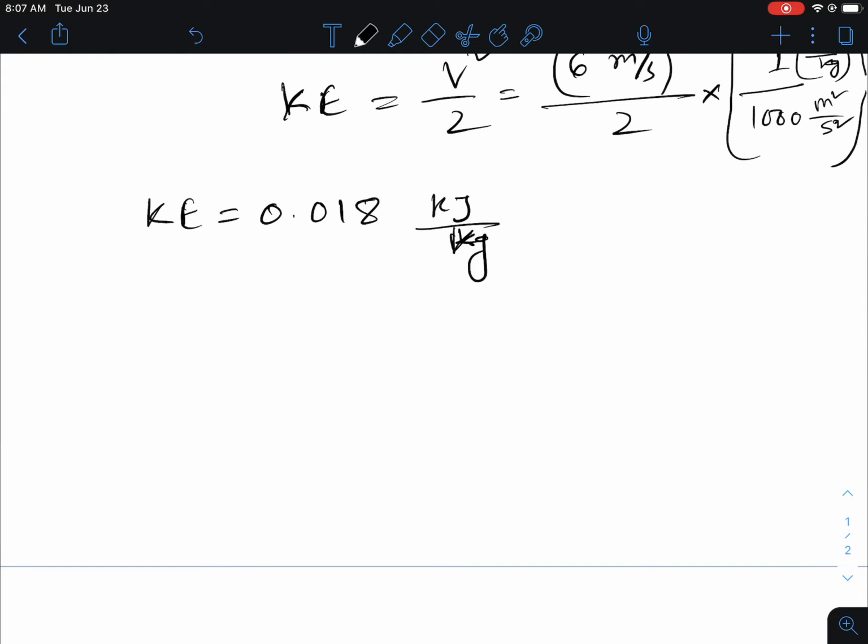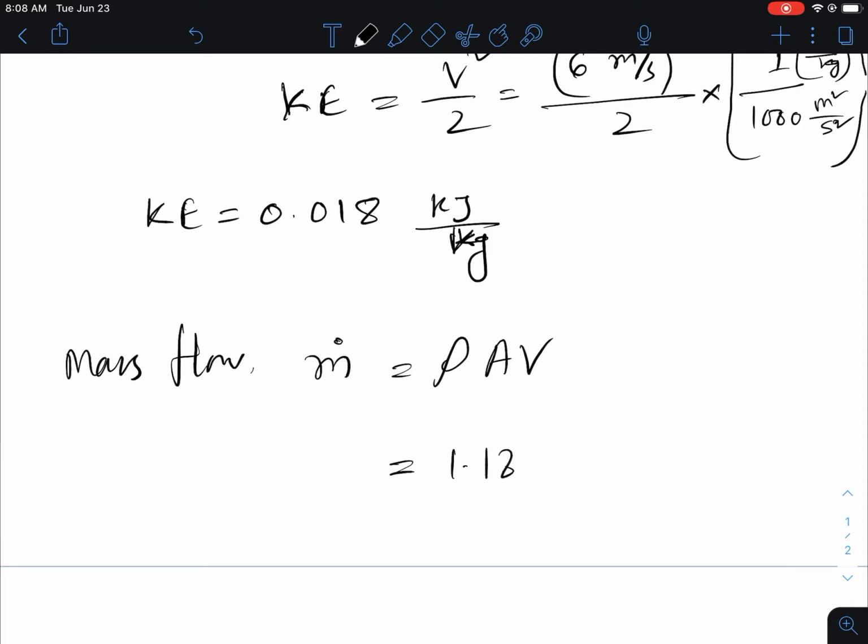We have to determine the mass flow for that particular wind turbine. So how much is the mass flow? Mass flow is rho times A times V, right? We know the density of the air, 1.18, times pi d squared divided by 4 times velocity.